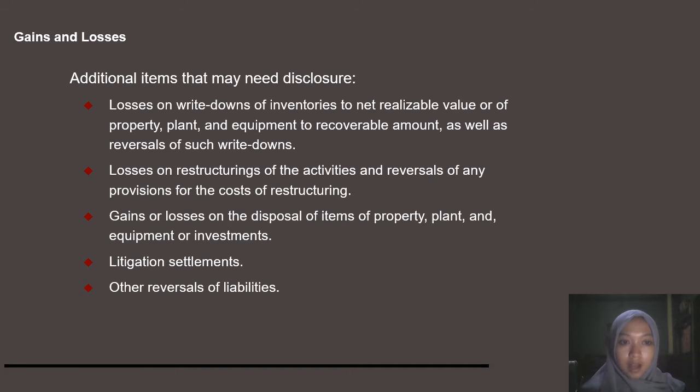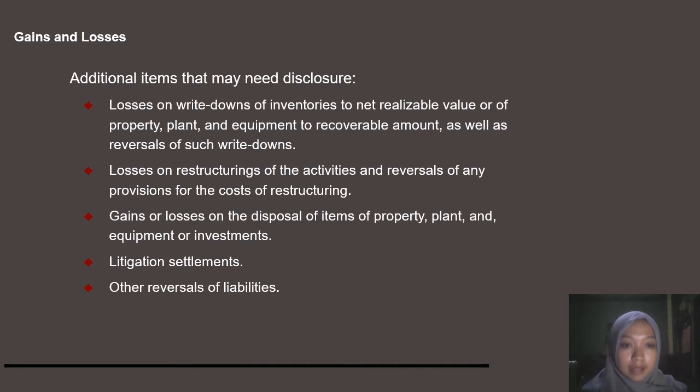Gains and losses. Additional items that may need to be disclosed. The first, loss on write-downs of inventory to net realizable value or of property, plant and equipment to recoverable amount, as well as reversal of such write-downs.